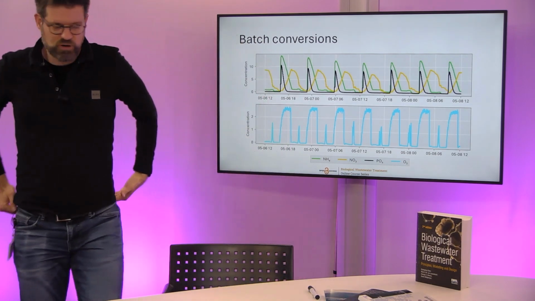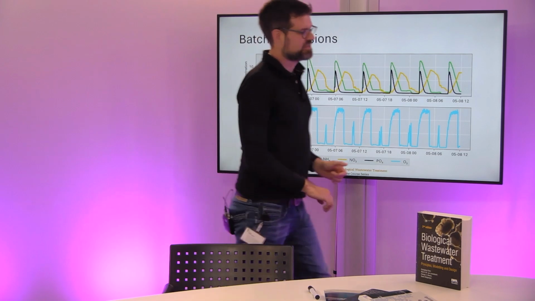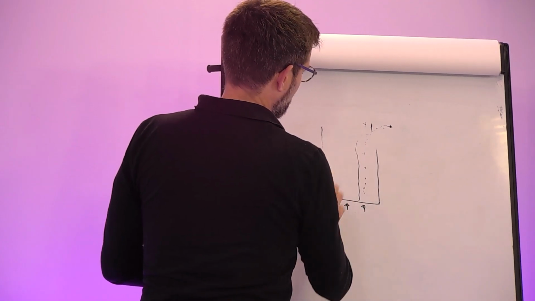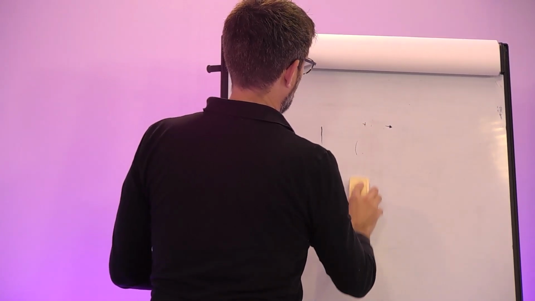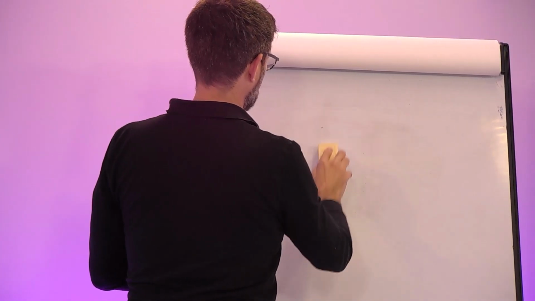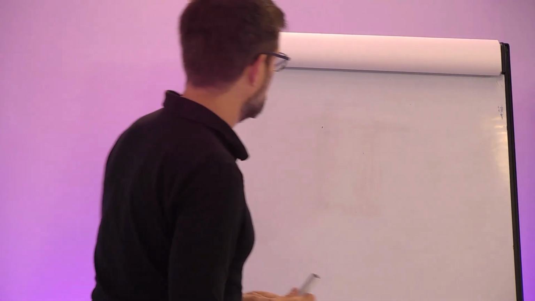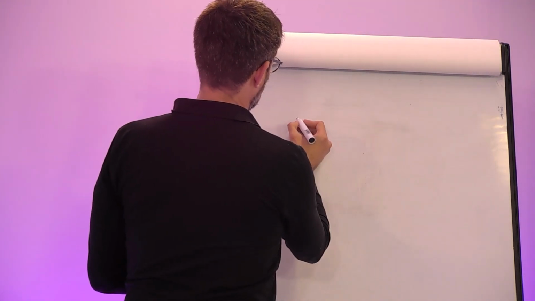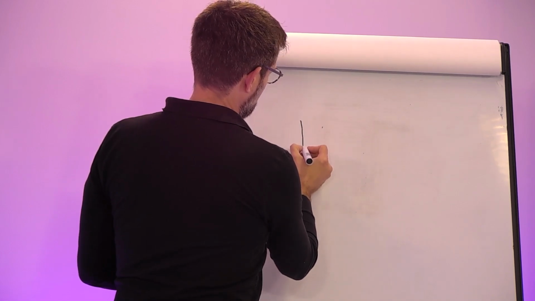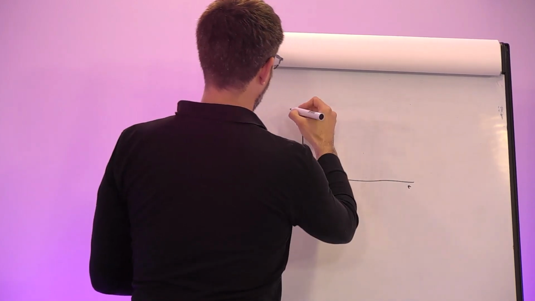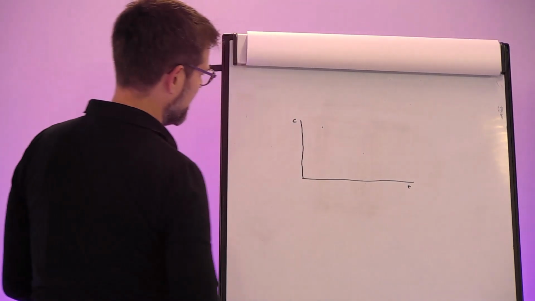I already plotted something on the screen, but maybe it's nice to actually draw that here. I'll quickly wipe this. So if you look at the measurements we have in a reactor, we draw time there and some sort of concentration over there.